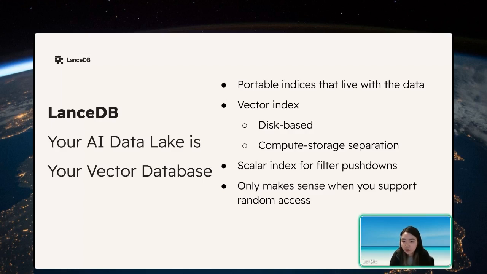And all those things only make sense when you support random access, because we need to use vector indexes and scalar indexes to quickly filter out the unneeded information and quickly locate the information that we actually want. It could be a bunch of row numbers, and then we need to use random access to fetch those rows from the large data lake. So this only makes sense when you support random access. Otherwise, the performance will be really bad.